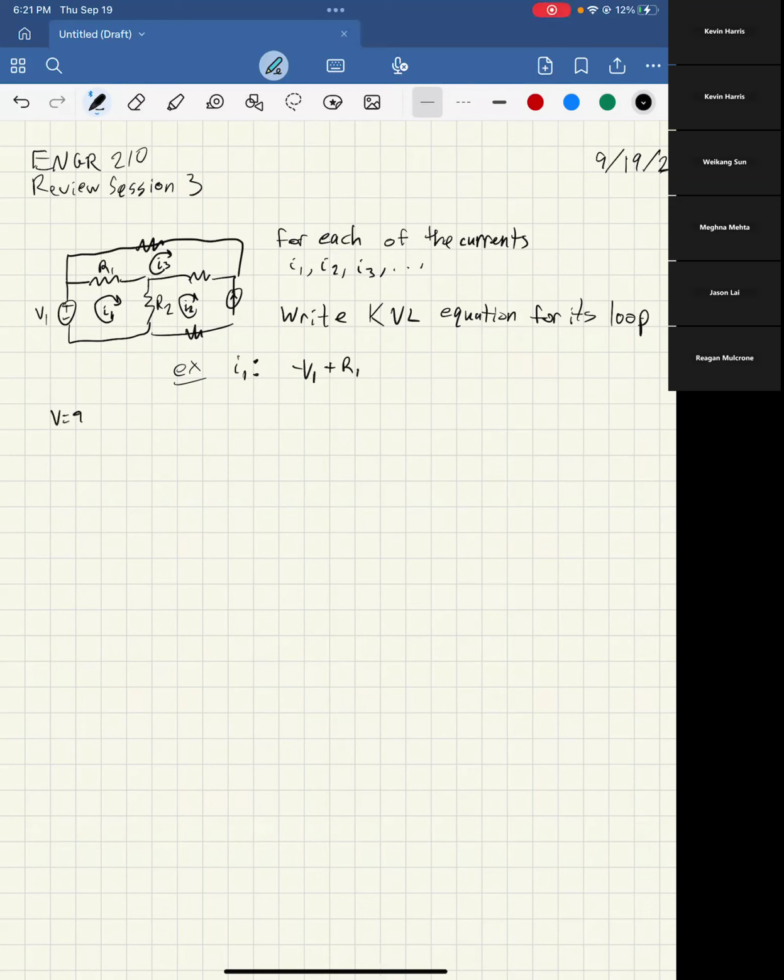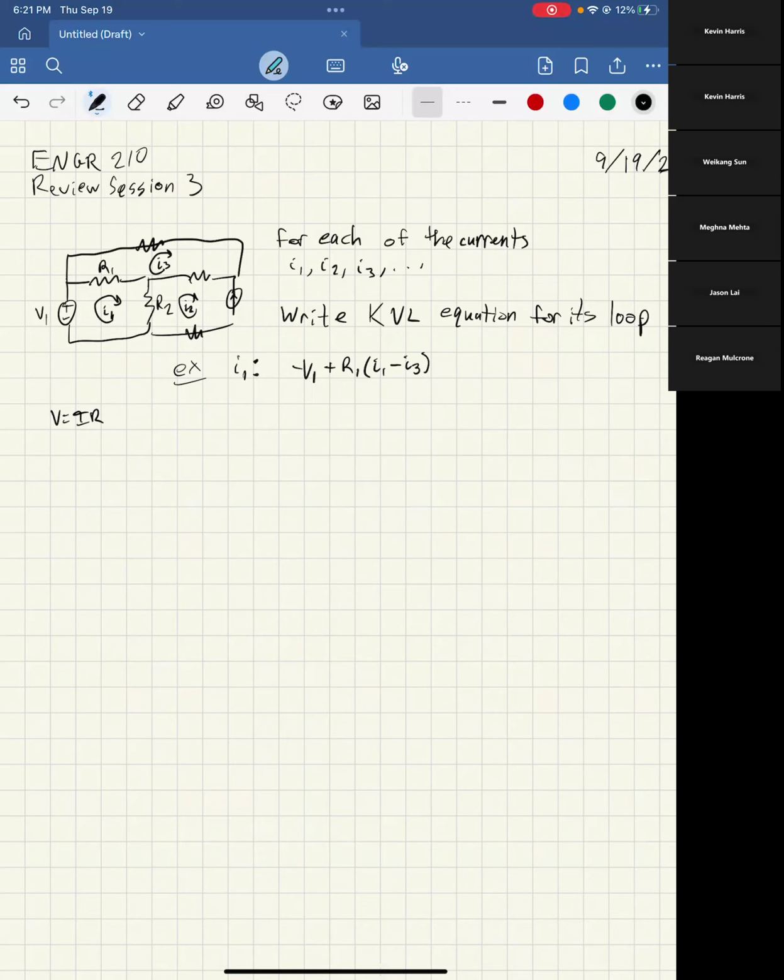Remember, V equals IR. So that R is the same R. And then the current through this resistor, in terms of these currents that we have labeled, is going to be I1 minus I3.